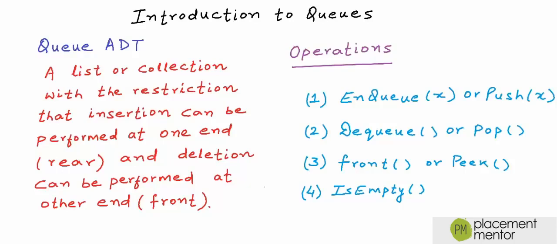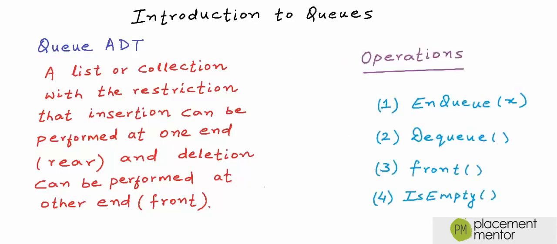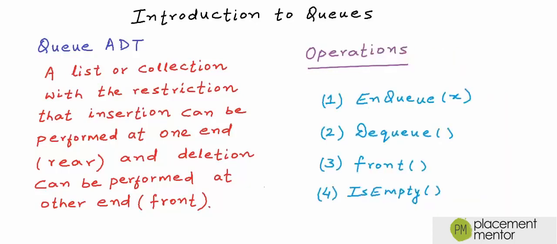So we should not get confused. I'll just keep the more famous names here. Okay, so these are the operations that I have defined with queue ADT: enqueue, dequeue, front, and is empty. We can insert or remove one element at a time from the queue using enqueue and dequeue.